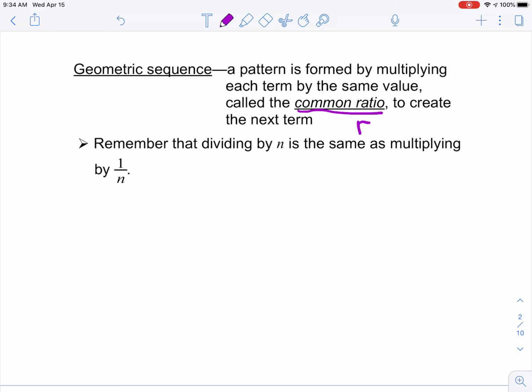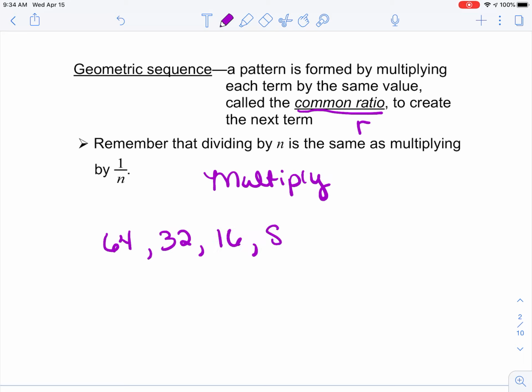Remember that dividing by n is the same as multiplying by 1 over n. So on geometric sequences, you always multiply. So if you see, okay, you see this sequence.